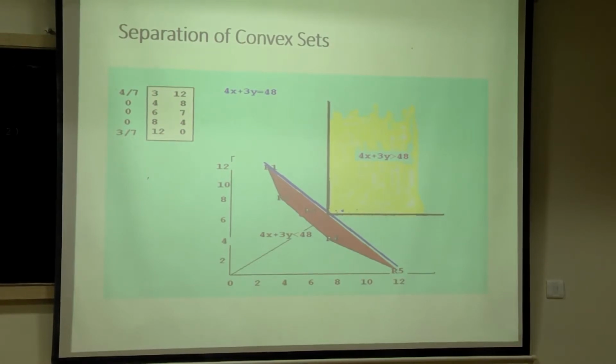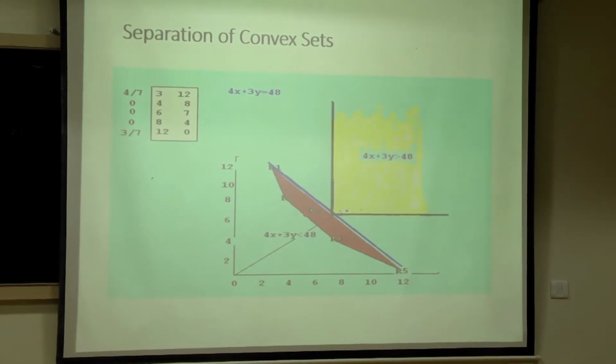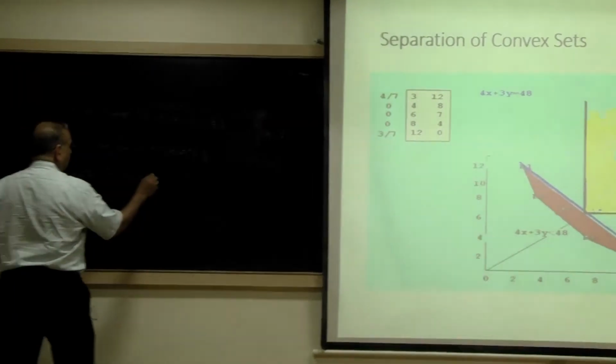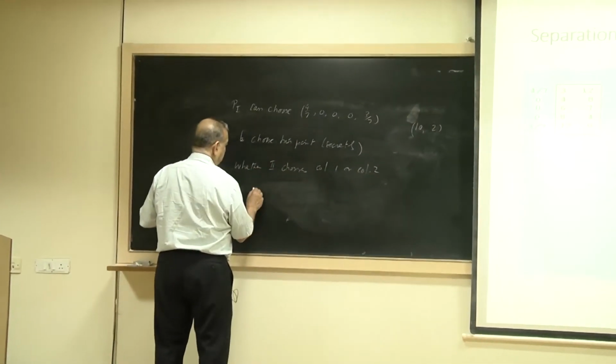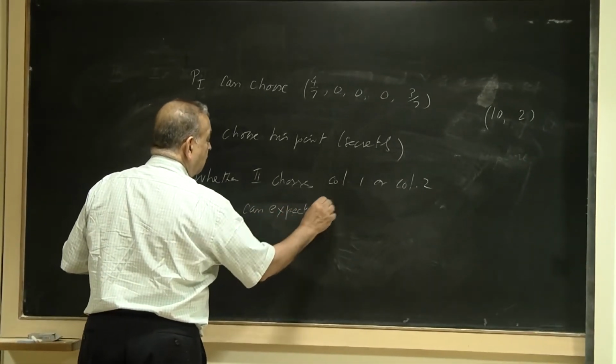So he has to shell out 48 over 7 no matter which column he chooses. That means player 1 can get on the average 48 over 7 whether player 2 chooses the first column or second column. So I can say, whether 2 chooses column 1 or column 2, 1 can expect 48 over 7.